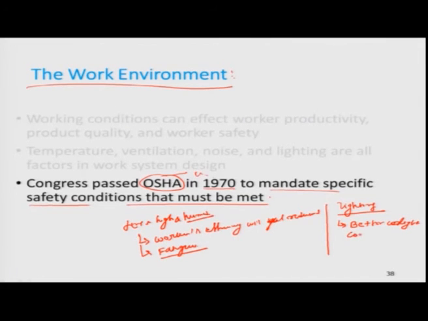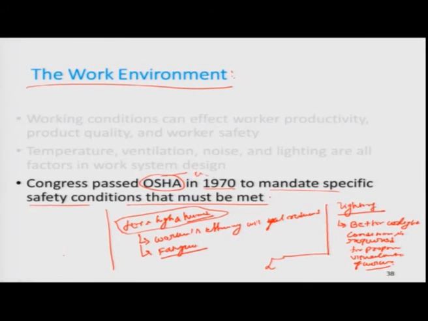Better lighting conditions are required for proper visualization by the worker. Suppose a worker is assigned to work on a machine and the lighting is not proper. He may face an accident, so that he may get injured. These are very crucial factors involved in work, and you have to consider them in work design. So, work environment is also a necessary part.